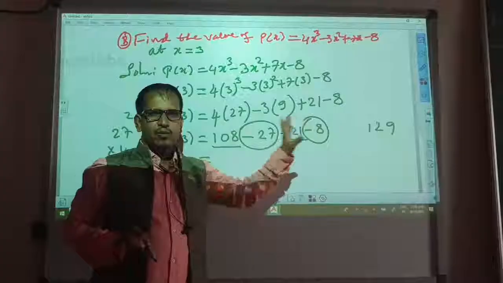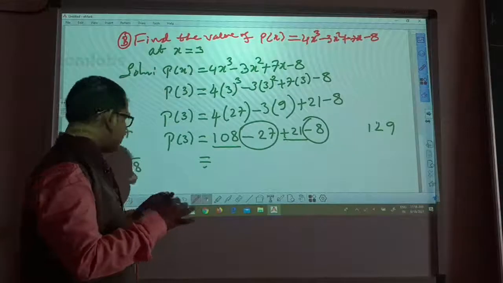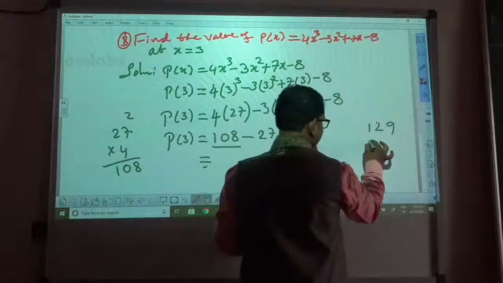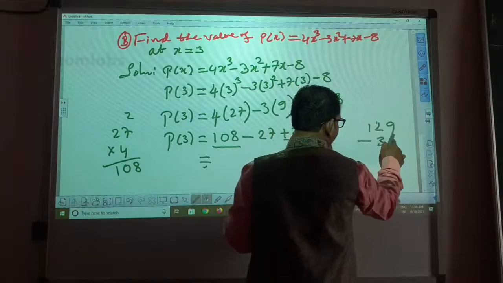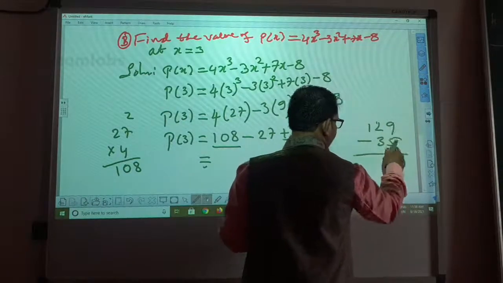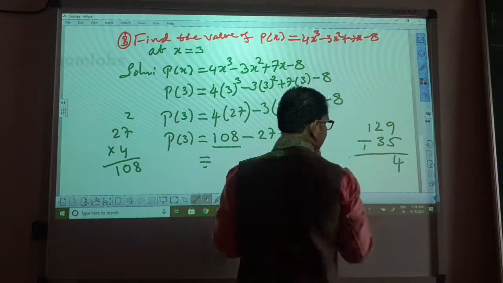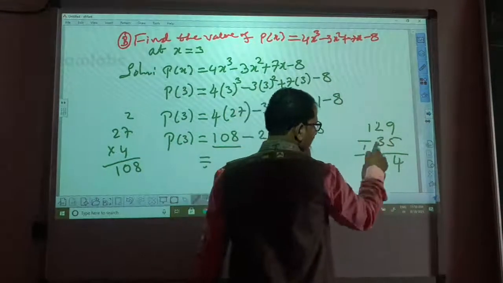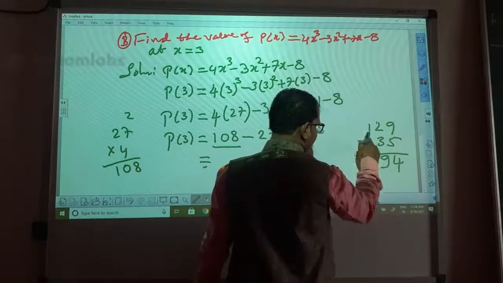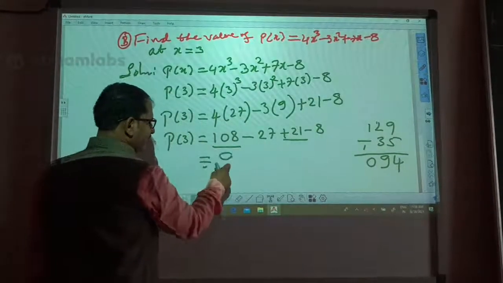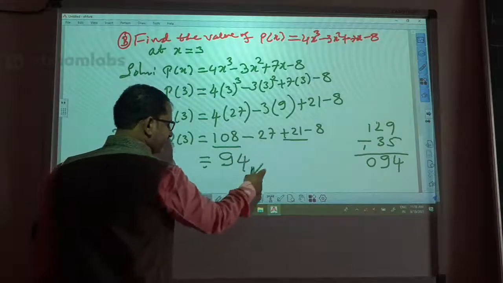Minus 27 minus 8, both together make minus 35. That minus 35 we can write like this. Now solve. 9 minus 5 is 4. Here carry 1. 12 minus 3 is 9 and 1 minus 1 is 0. So what is the answer? Here it is 94.